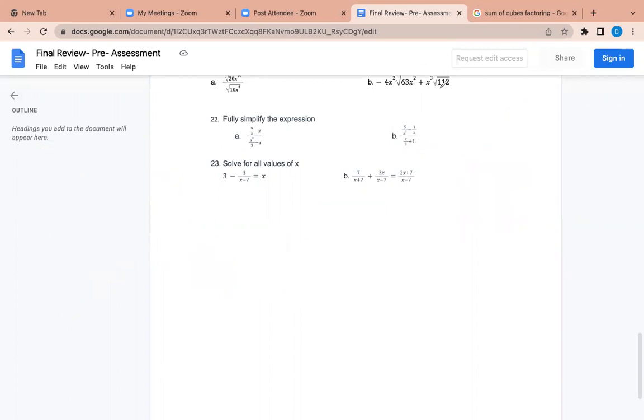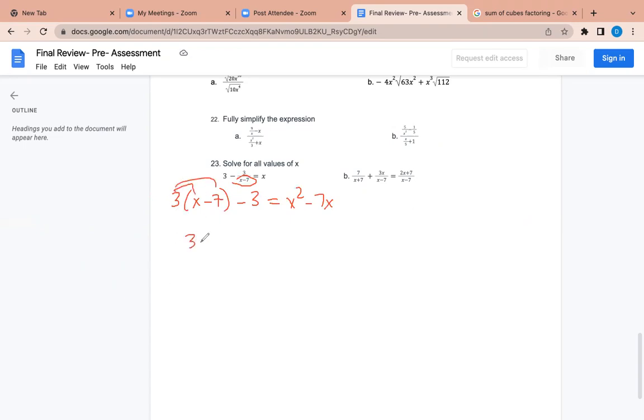Number 23. All right, we want to get the common denominator. I guess we could do the common denominator all the way through. So it would be 3 times x minus 7 minus 3. This already has an x minus 7, so we could just put minus 3 equals, this is an x minus 7, so it'll be x times x minus 7, which is x squared minus 7x.